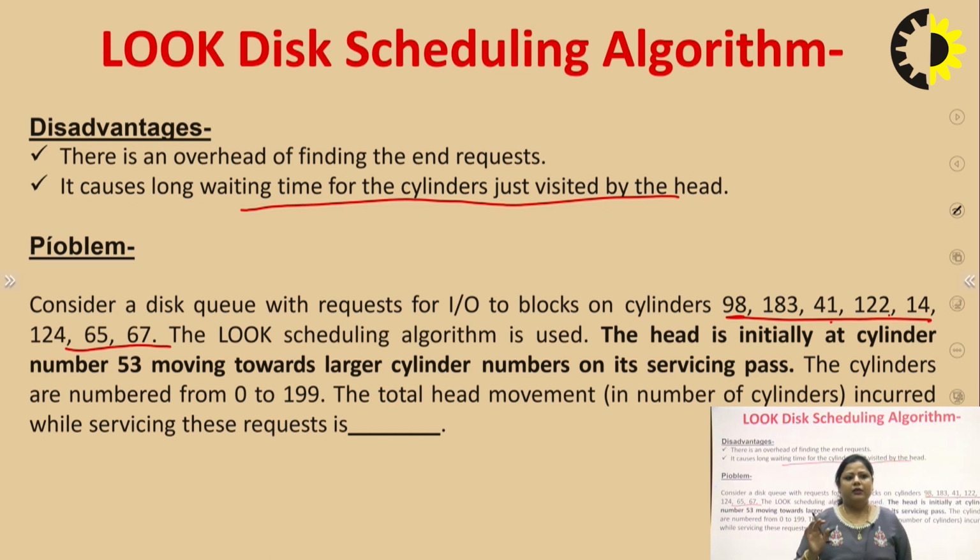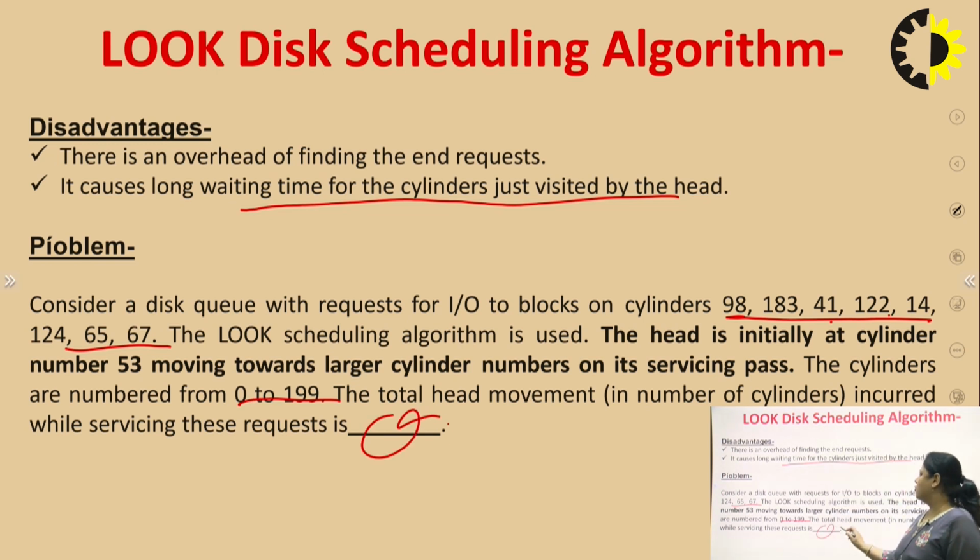The LOOK scheduling algorithm is used here. The head is initially at cylinder number 53, moving towards larger cylinder numbers on its servicing path. The cylinders are numbered from 0 to 199. The total head movement in number of cylinders incurred while servicing these requests is what?